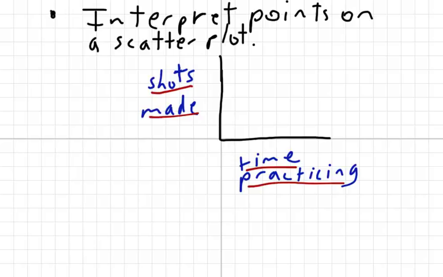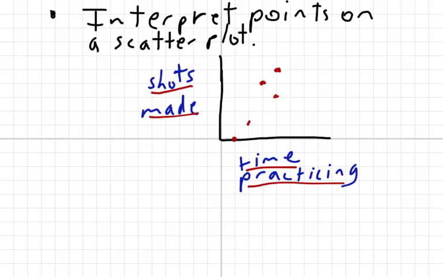Why don't we go right 2, up 1, right 4, up 3, right 1, up 0, and how about right 3, up 4? And I'm going to do one more. Right 4, 1, 2, 3, 4, up 5.